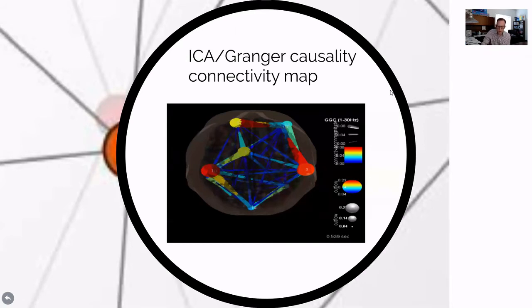And the way you interpret this map is that each of these circles or nodes is a source of brain activity that we've localized through a method called dipole localization. And we've now established causal relations from each dipole to every other one.